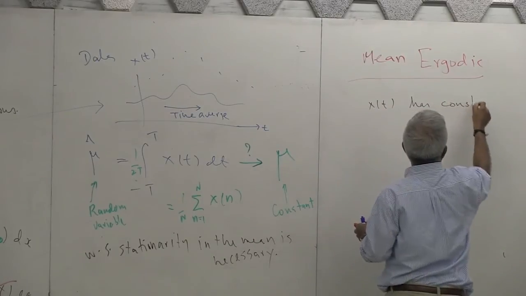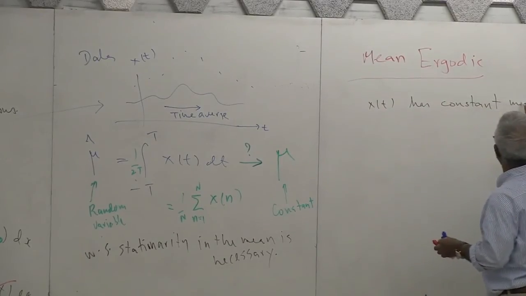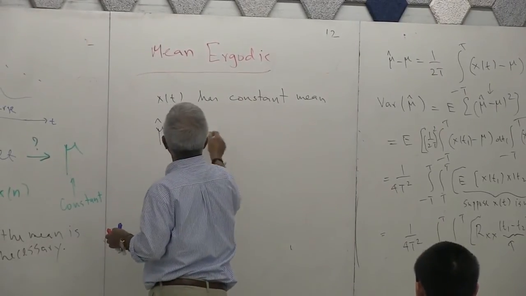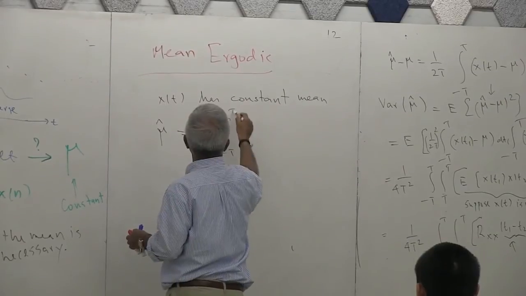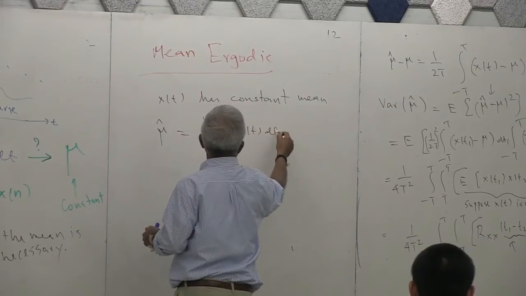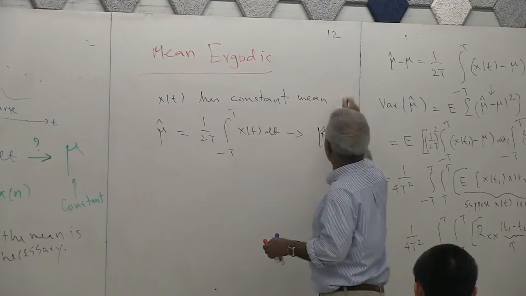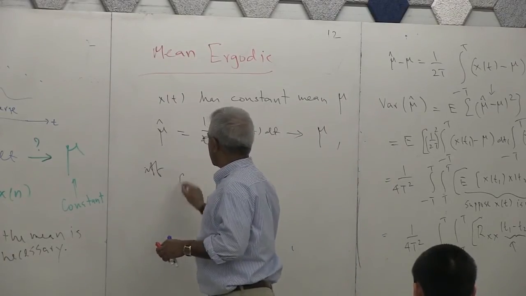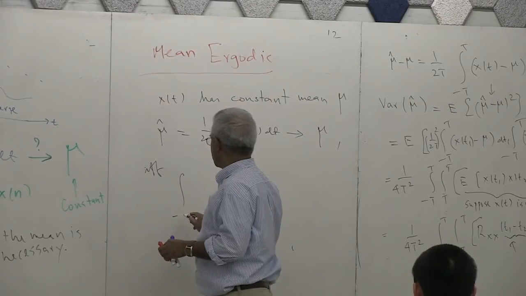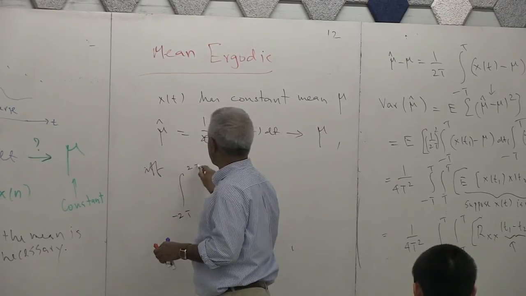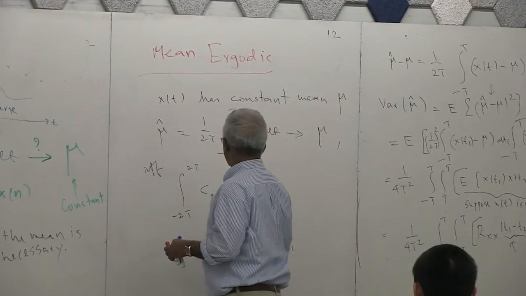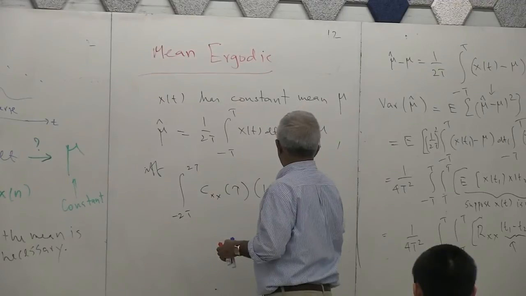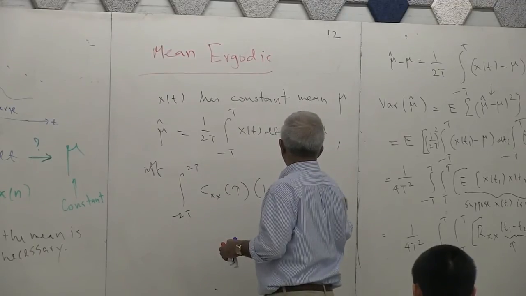So first of all, x(t) needs to have constant mean. Then mu hat, which is 1 over 2T, based on one realization, integral of x(t) dt, tends to the unknown mean mu, if and only if this expression, 1 over 2T, integral from minus 2T to 2T of Cxx(tau) times (1 minus tau over 2T) d tau, goes to 0.